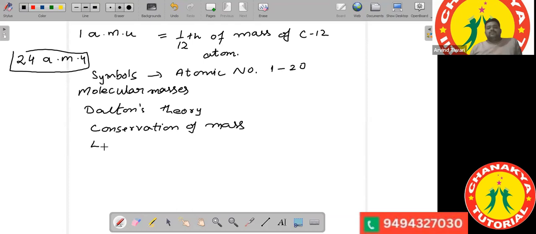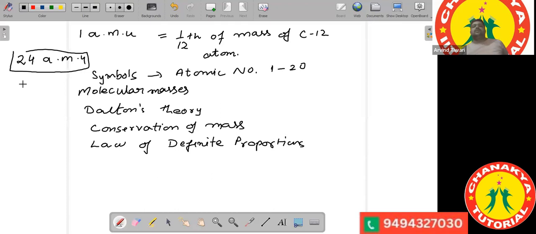And we will also study about law of definite proportions or law of constant proportions. This is what we are going to study today. We'll start with the conservation of mass.